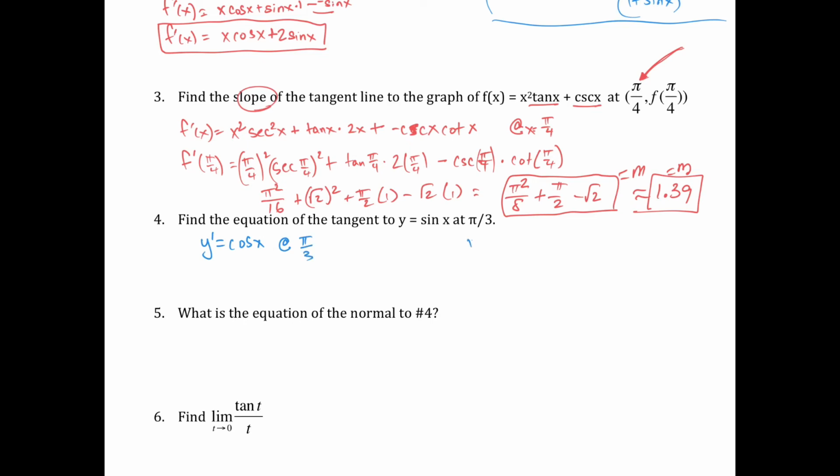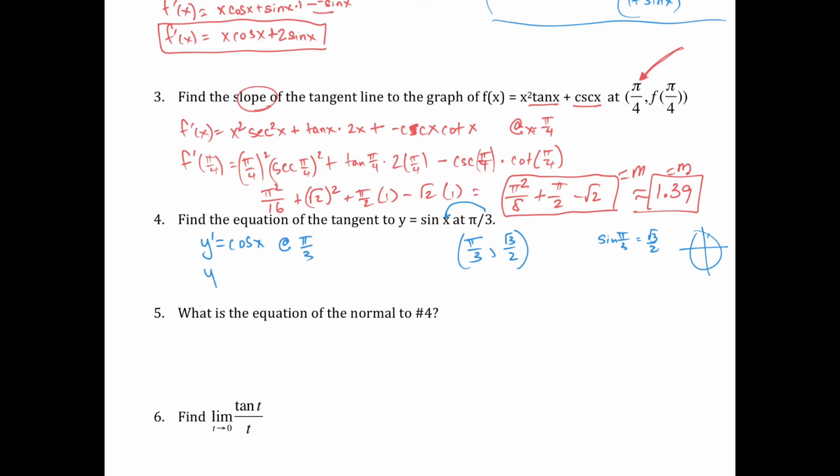And remember, if I plug in pi over 3, I get the point pi over 3 comma, sine pi over 3, which is root 3 over 2. Right, pi over 3 on our unit circle right there. And this is going to be root 3 over 2 for the sine.